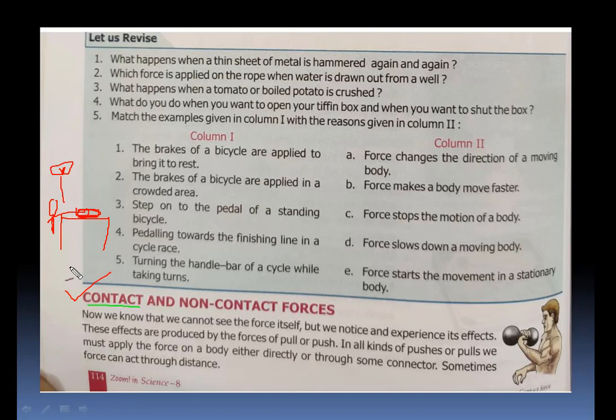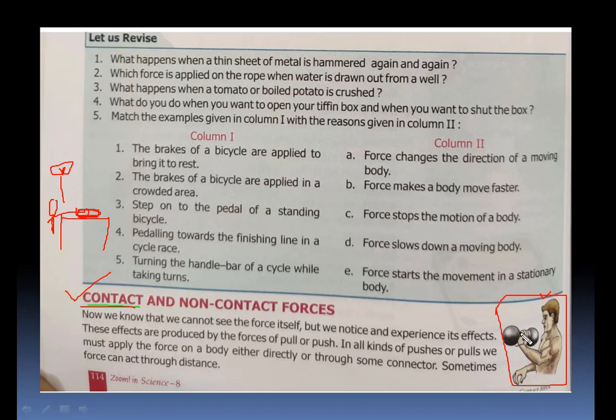So when a body applies a force and while applying the force there is a physical contact between two bodies, that is known as contact force. And this is one of the examples. This is a boy and this is a dumbbell. He is doing exercise by using this dumbbell.